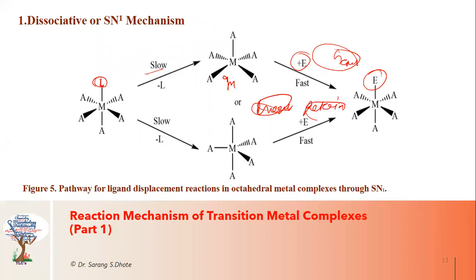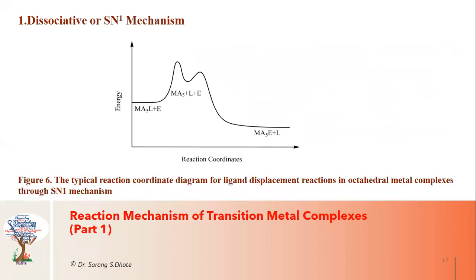There is no change in the geometry from reactant to product. So this is the remaining of the SN1 type of reaction mechanism.